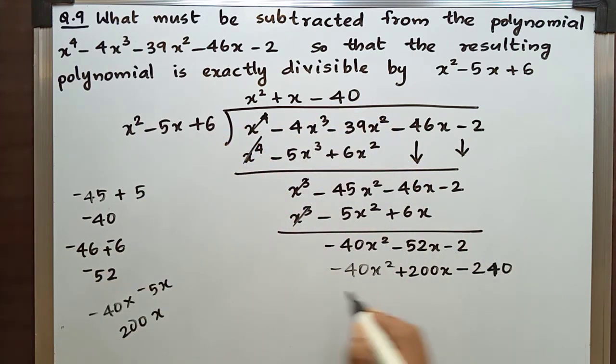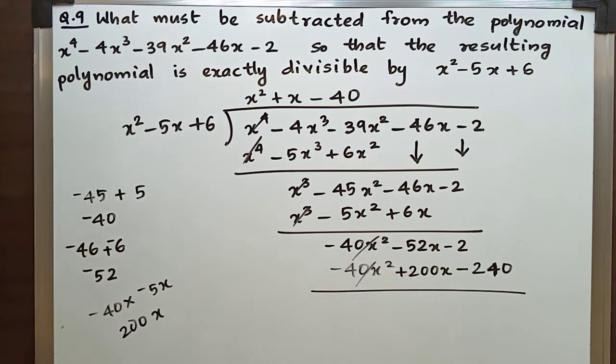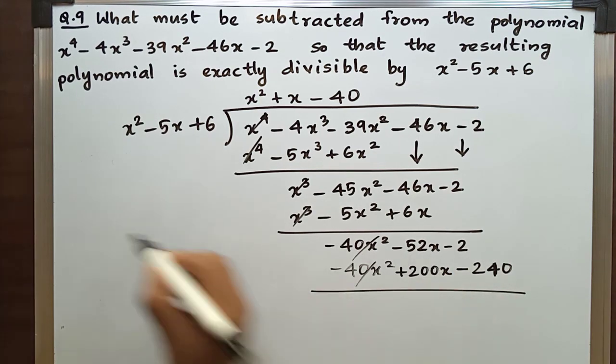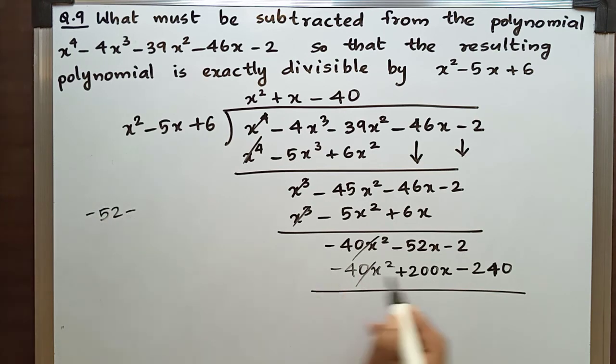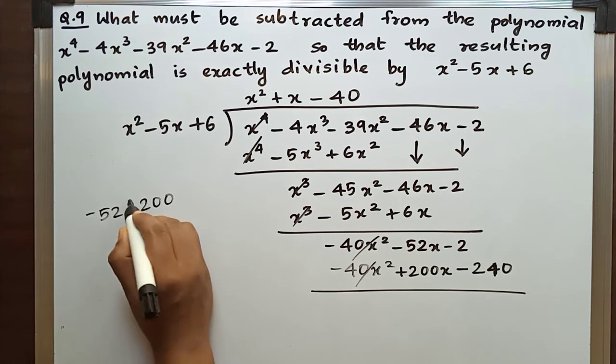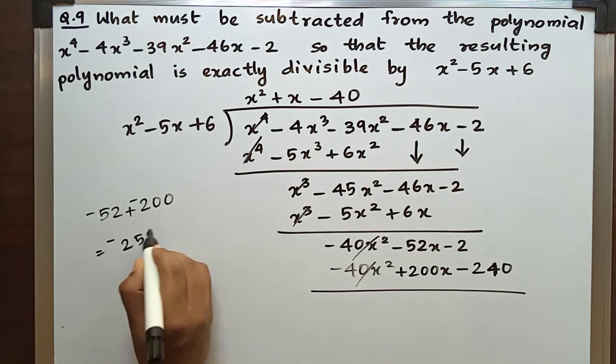So 240. Now we are going to subtract. Here also these two terms will get cancelled. Here minus 52 minus 200. It is adding two negative numbers, the answer is also negative. It is 252.